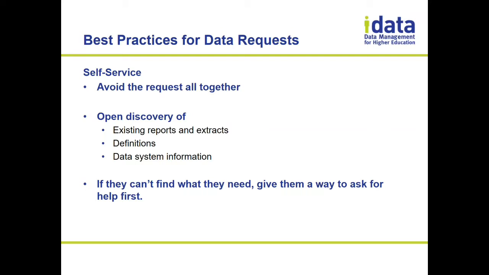But it is possible that there is an intermediate step, where there is information necessary for them to either run their own report or do their own self-service, but they couldn't find it. So having some sort of ability to ask for help or reach out for help to facilitate self-service prior to a request can be really helpful. So I encourage you to think about that step.